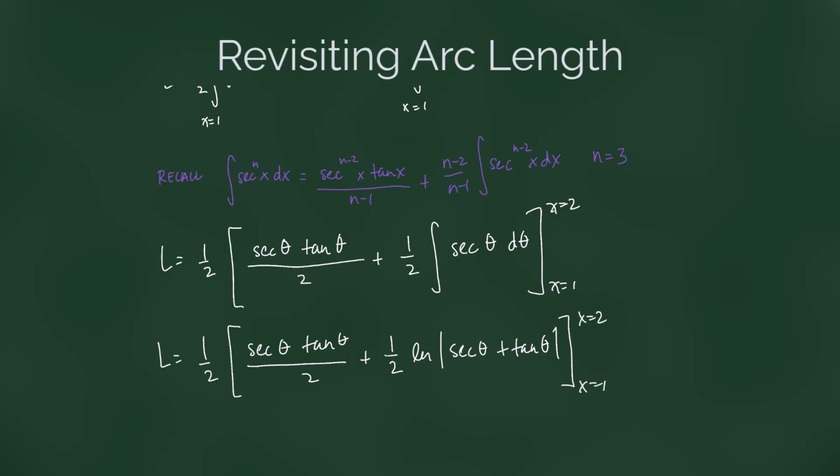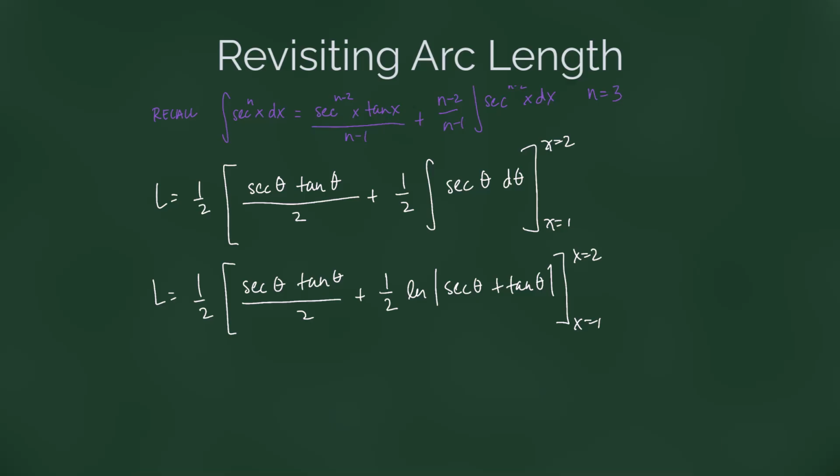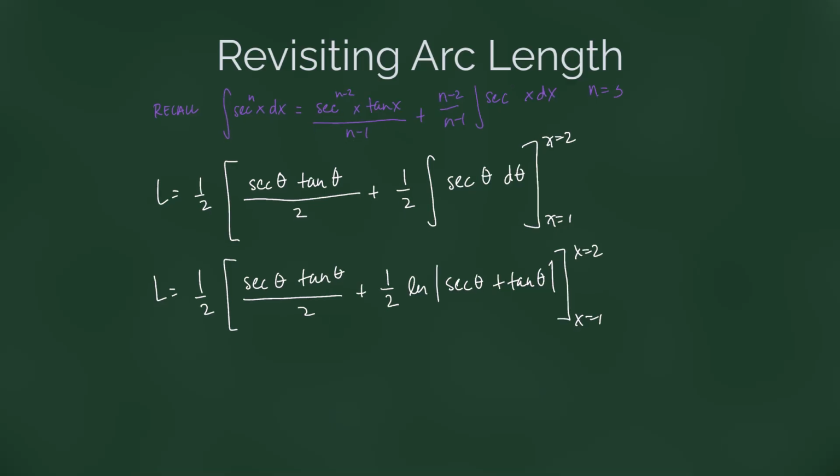So now we need to figure out what secant of theta and tangent of theta are equal to, given x is 1 and x is 2. We started off with the idea that x was 1/2 tangent of theta, which means that 2x is equal to tangent of theta. So we can replace all of our tangent of thetas with 2x. Secant of theta, we think about the triangle here.